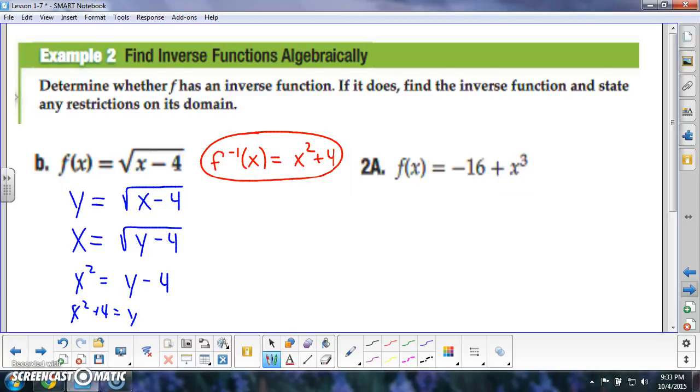Well, you got to go back to the original function, f of x, and if we talked about its domain and range, its domain would be x values greater than or equal to 4, and its range would be y values greater than or equal to 0. So the easiest way to come up with the domain of the inverse is to look at the range of the original function. So this domain is going to be x values greater than or equal to 0.